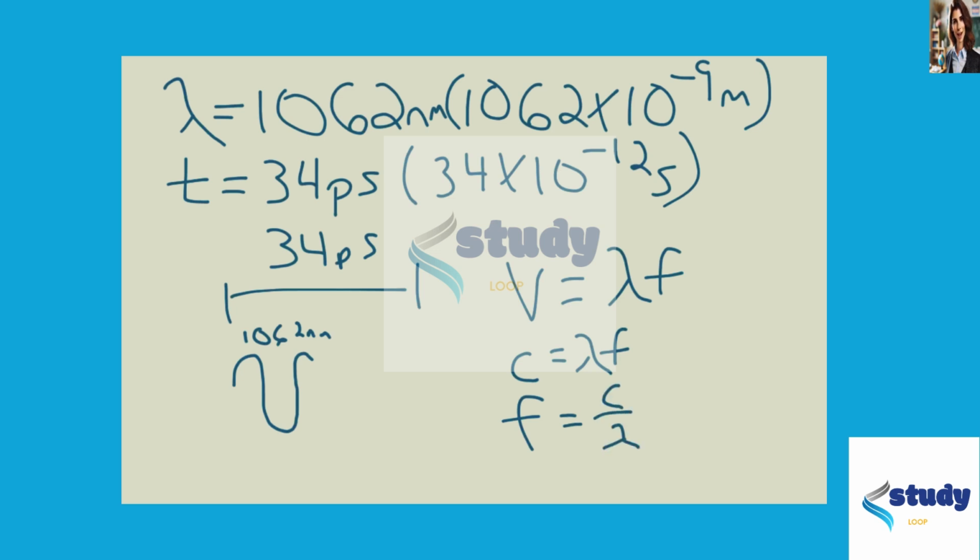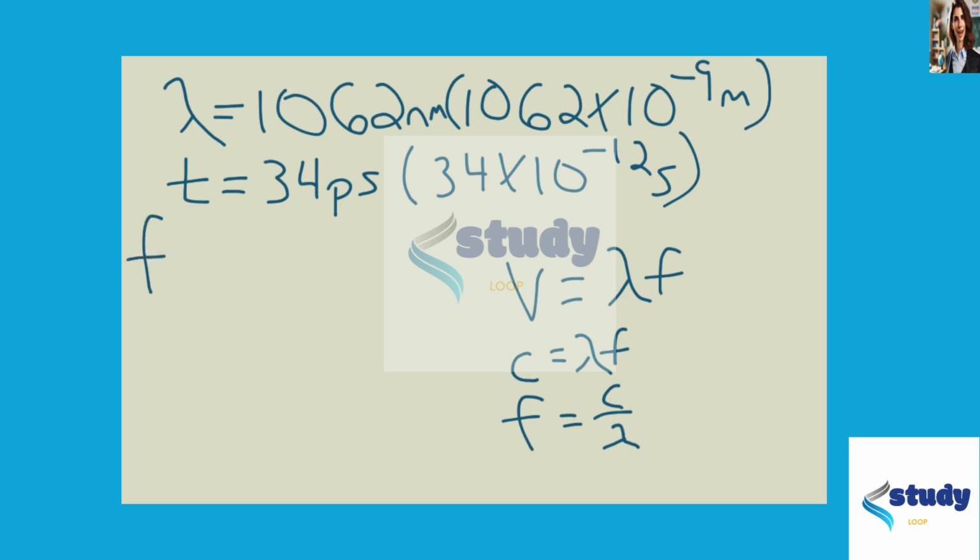I'm going to erase my little picture because I've run out of room, and then we can proceed. So now I'm going to use my speed equation and the numbers I have. So our speed of light is 3 times 10 to the 8th divided by our wavelength, which is 1062 times 10 to the negative 9.